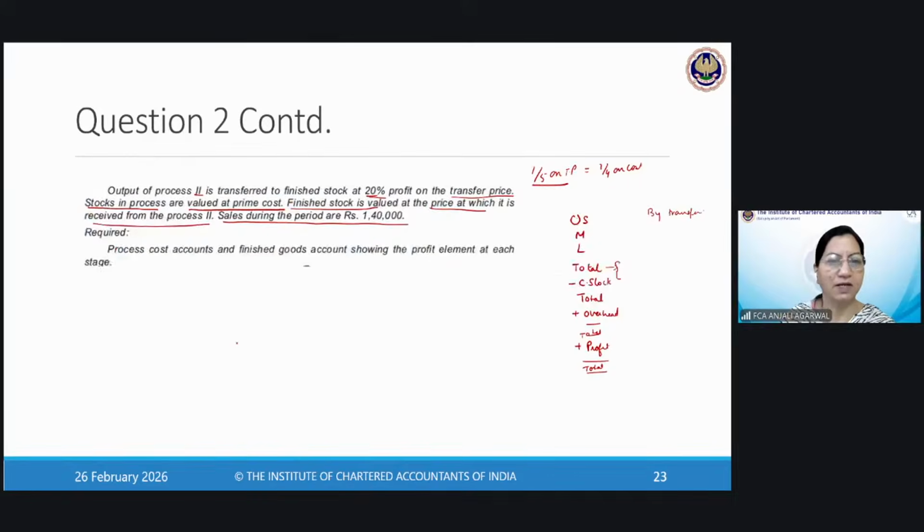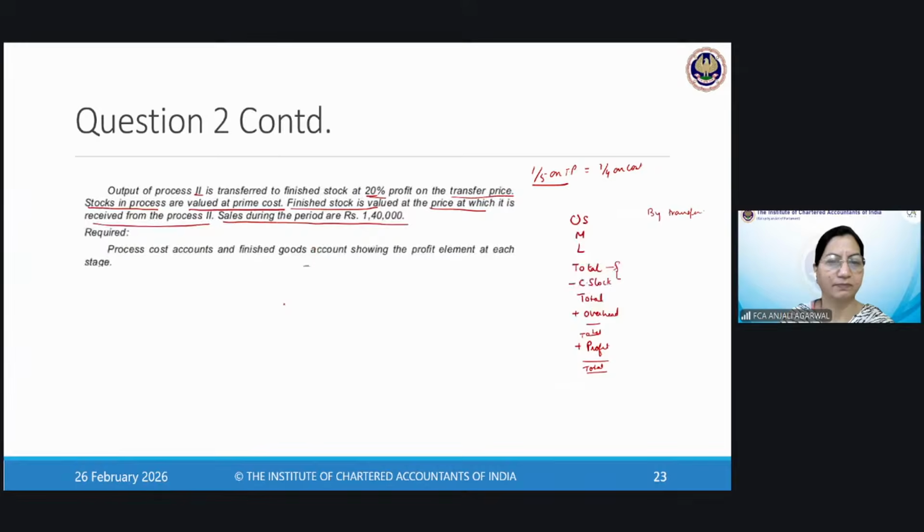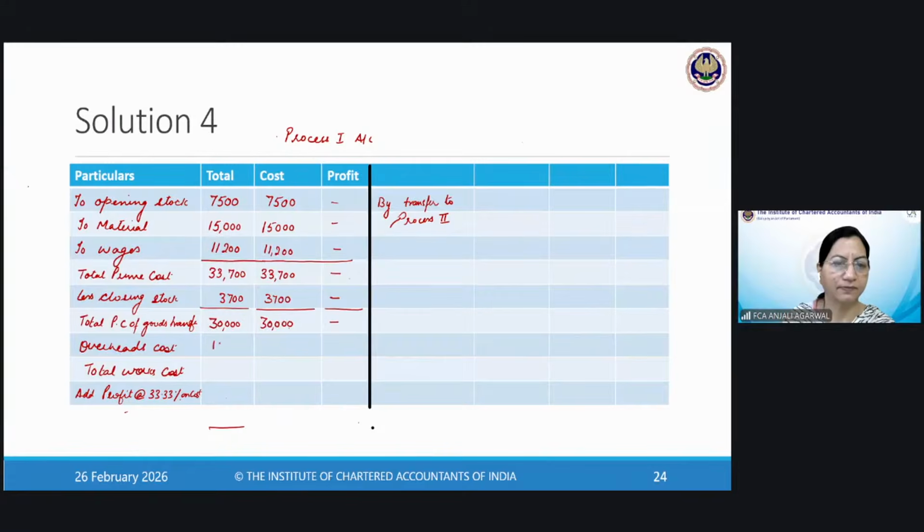On this, we incur additional overheads of 10,500, which is again 100% cost, no profit. So the total works cost in process 1 of goods moving to process 2 is 40,500, on which the profit is zero.